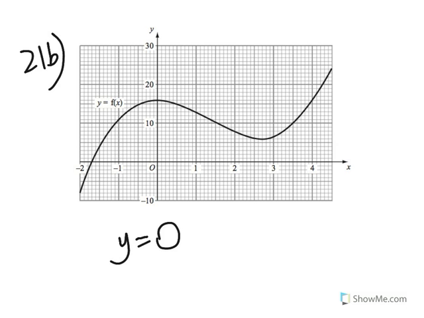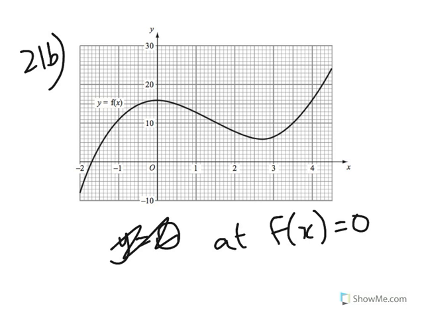Now if you look, y is equal to 0 at this point, right here. Let me rub this stuff off, it's really distracting. x is about minus 1.7. So at f of x equal to 0, x is equal to negative 1.7. f of x equal to 0 is nothing but the roots of the curve, where it hits the x-axis.